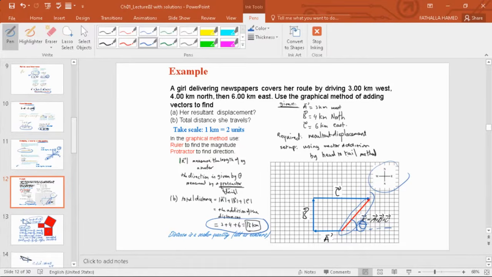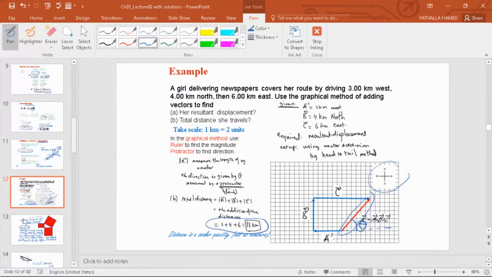Now, the graphical way, you have to do it by measurement. That means you have a graph paper here. And in this situation, we're using every 2 squares as 1 kilometer. So what you do is you're basically putting here 6 squares, that means 3 kilometers.